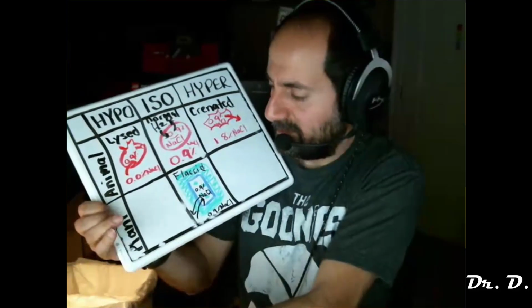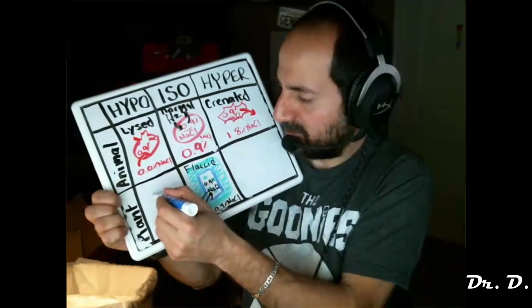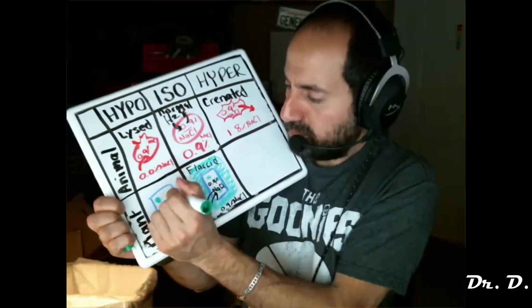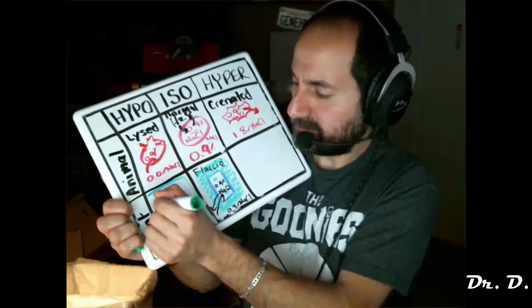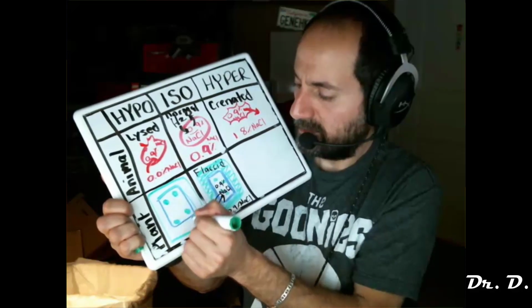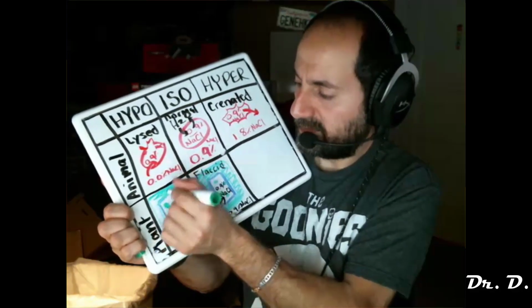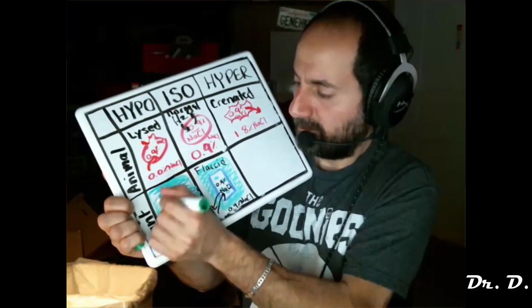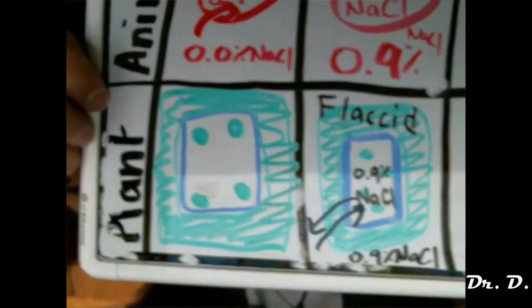Let's talk about that. So in this case, what's happening? You've got your plasma membrane. You've got your chloroplasts inside. And you've got your really tough old cell wall. It's really tough. Hypotonic. Do you remember what hypo means?